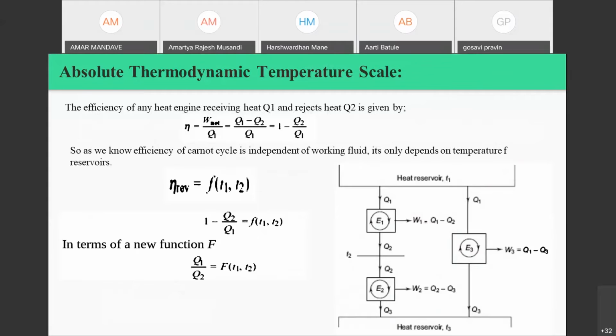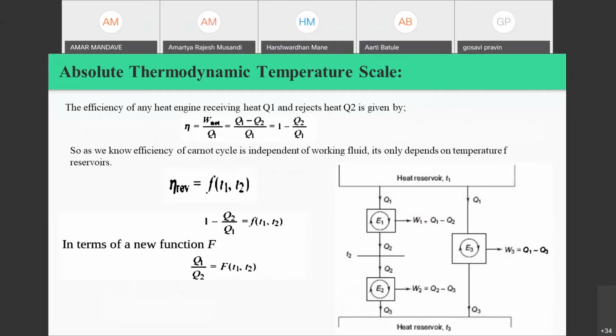So I already asked you yesterday to read up on the Carnot engine, the theory related to the Carnot engine, and how the efficiency of the Carnot engine is calculated.